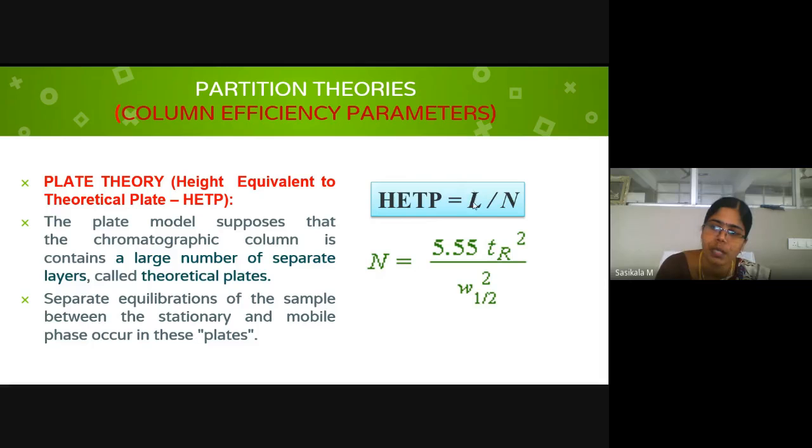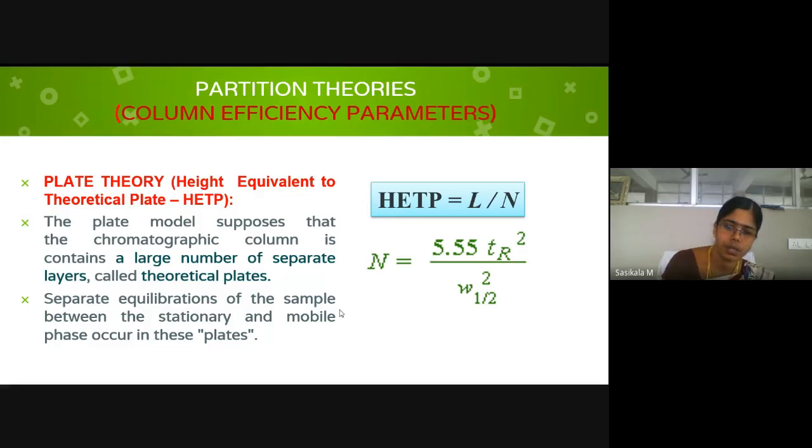Then length will be directly proportional to the height of the theoretical plate. When height is increased, length is also increased. When the height equivalent to theoretical plates is decreased, the number of theoretical plates will be increased. And this factor depends on the particle size of the adsorbent. Plate theory depends on the particle size of the adsorbent.